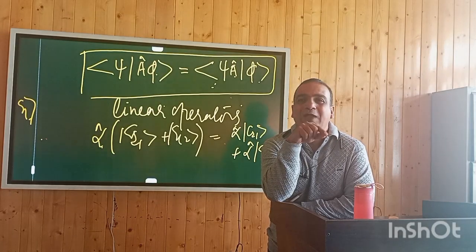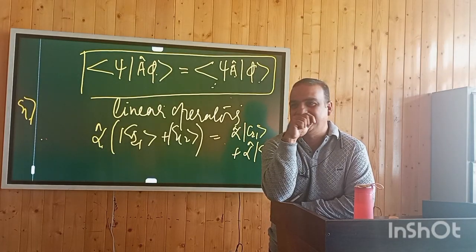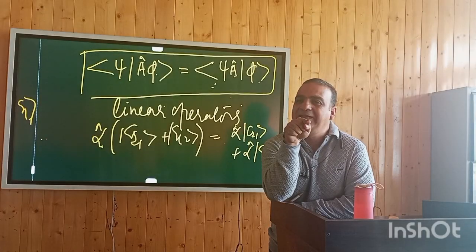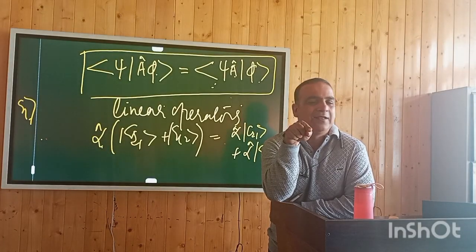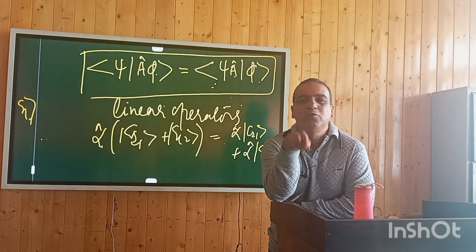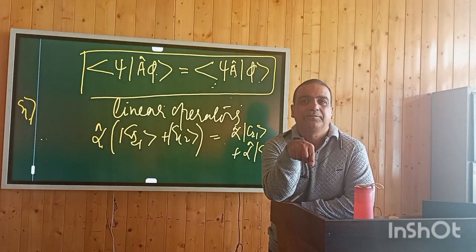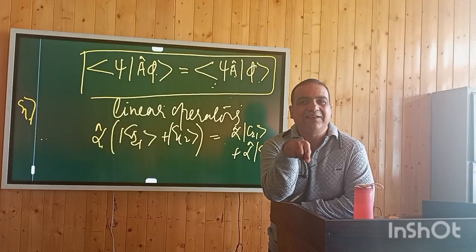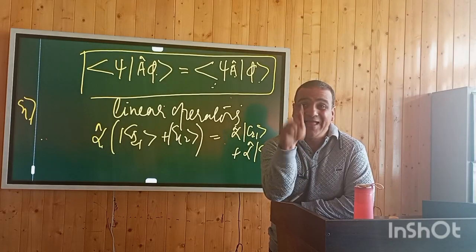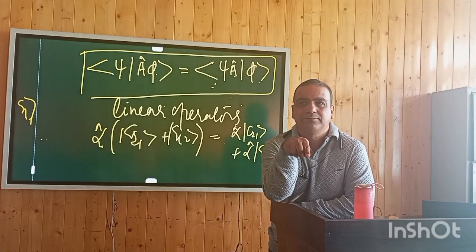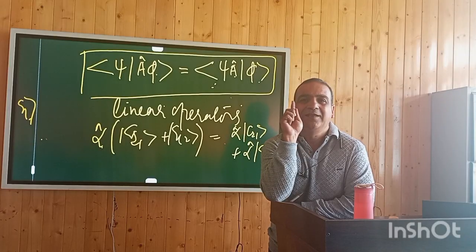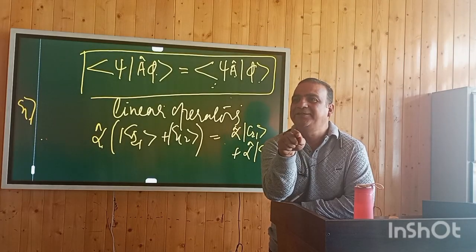What we have is a position operator that will act on a state vector, and you will come up with the position. In classical physics, we have momentum. It's a directly measurable physical quantity.